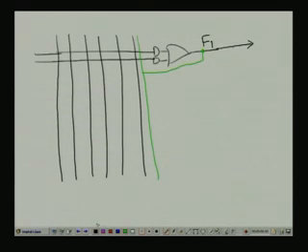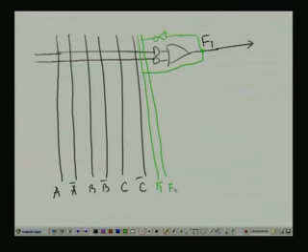So, this is my A dash, B dash, C dash, and this is my F1, and similarly I can add an inverter, and this is my F1 dash.